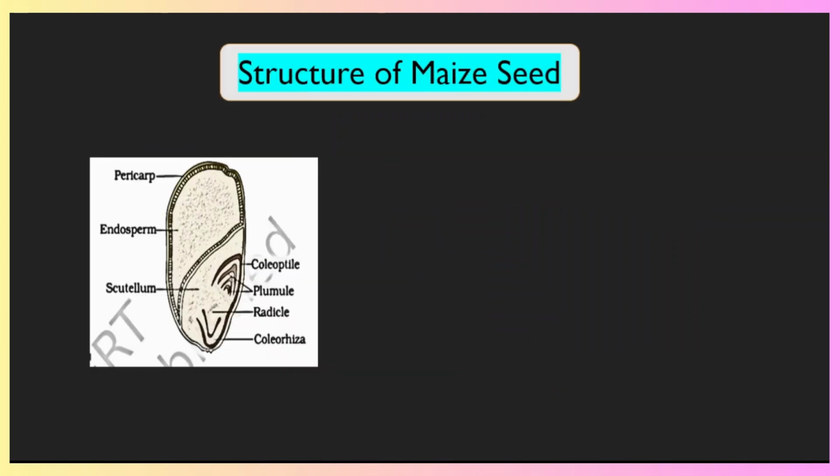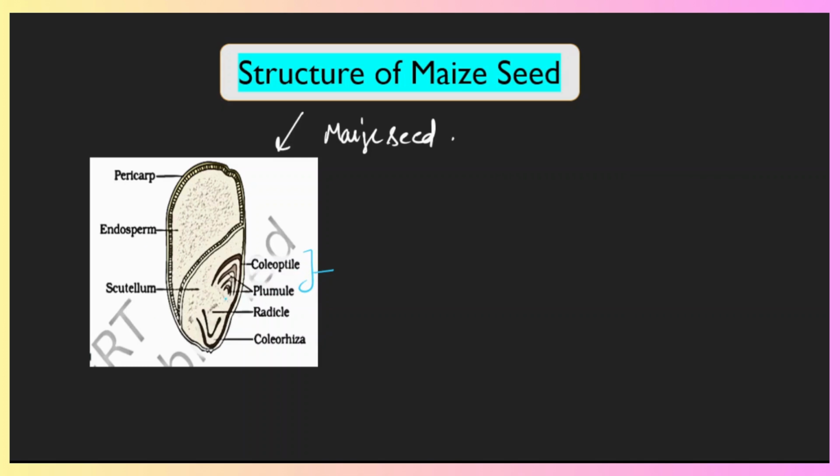If we see the structure or the section of the seed, this is the maize seed. We have discussed all these terms in the previous class. I hope they are clear to you all.